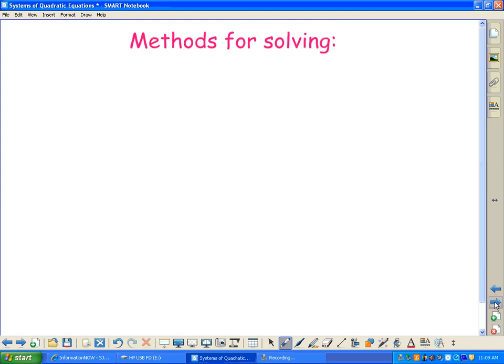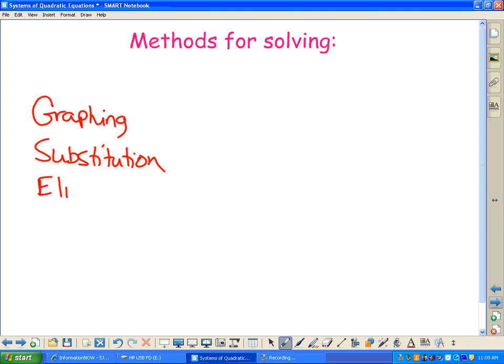So methods for solving. We had 3 methods for solving before. Do you remember what they were? Graphing was 1. Substitution was another one. And elimination was the third one.